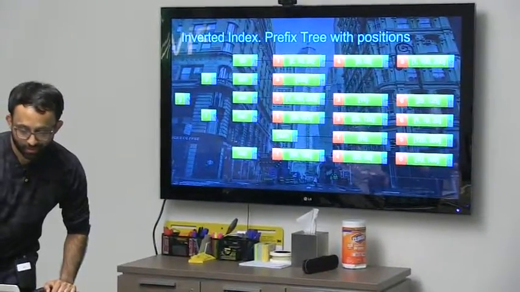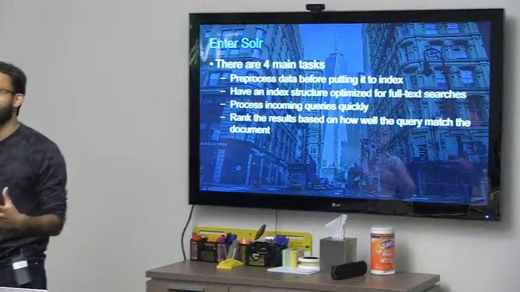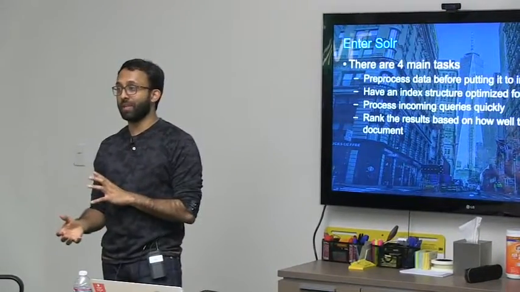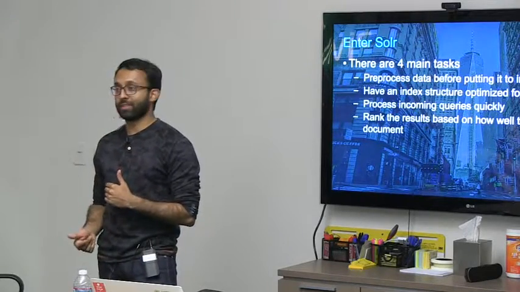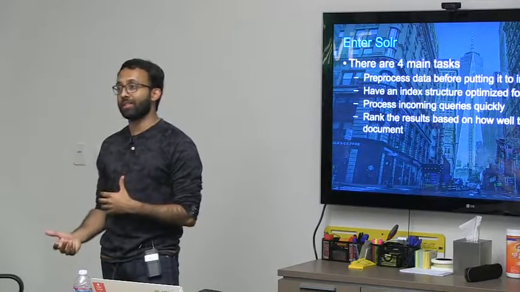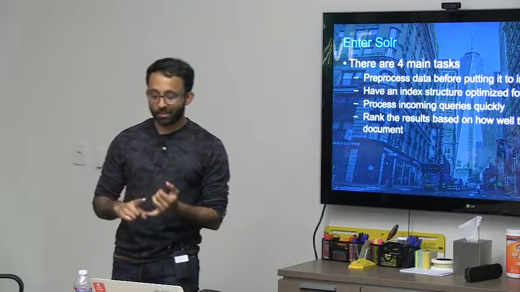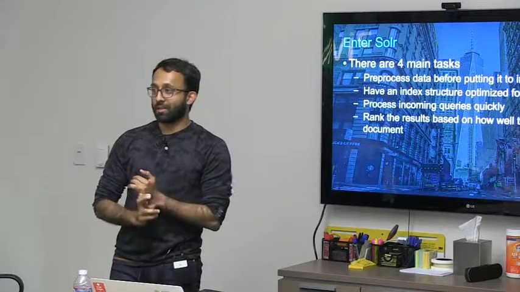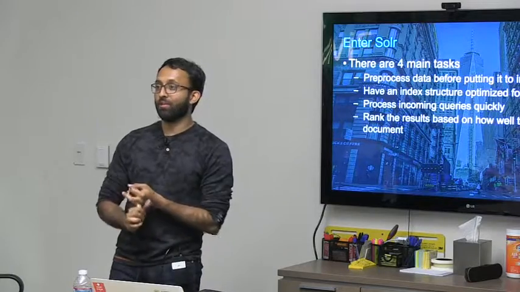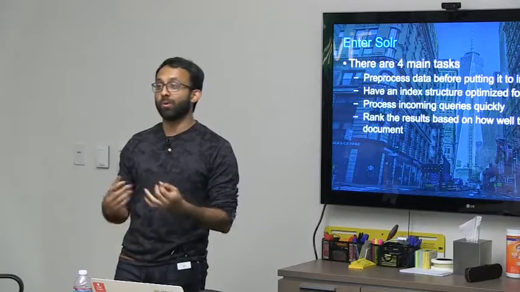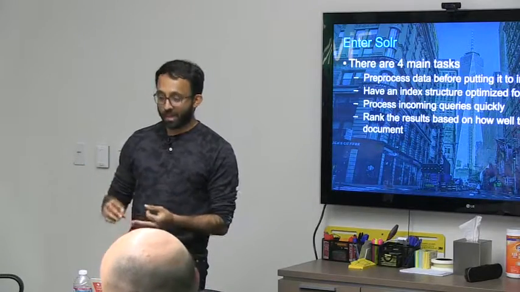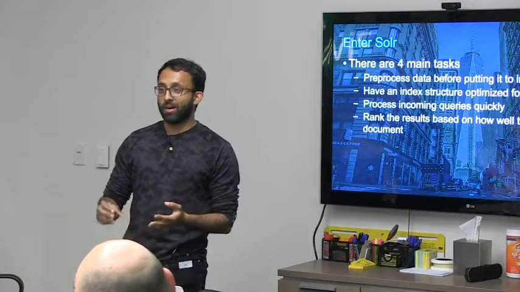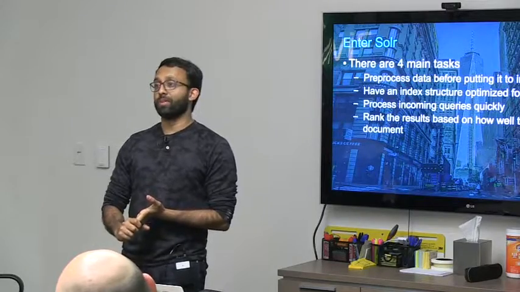So let's take a look at the pre-processing steps. In terms of pre-processing, it actually goes through a couple different steps. And Solr itself has multiple ways that you can process the text using something called analyzer chains. In this case, this means tokenizing the words, then removing stop words, so any common words that you might have, like a, at, the, from, etc. Being able to stem the words, and also being able to normalize the words.